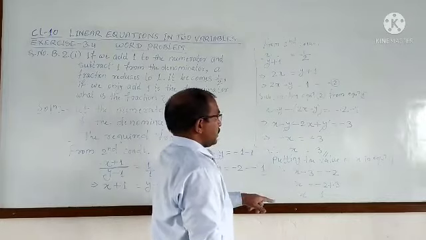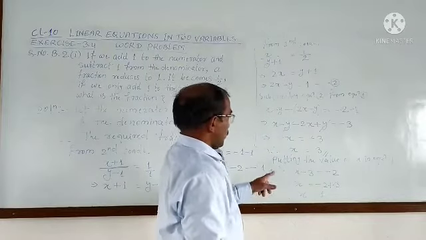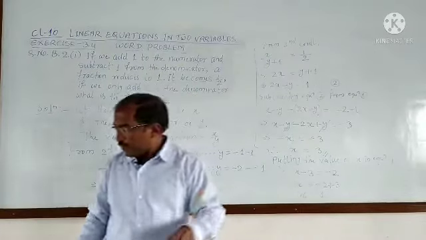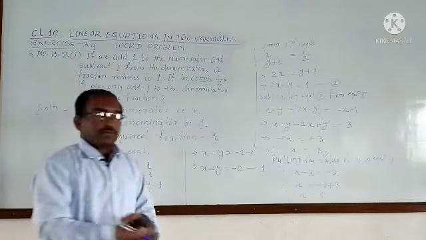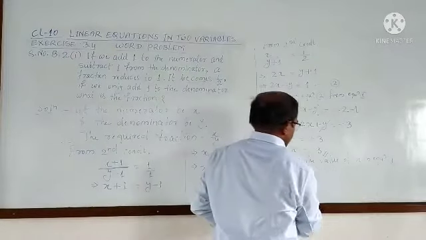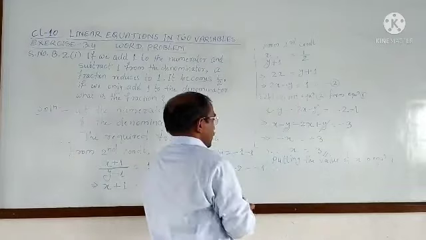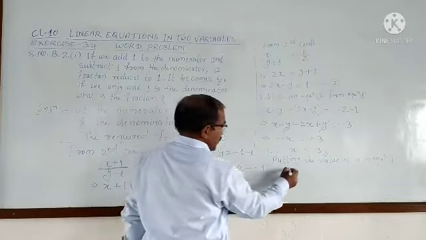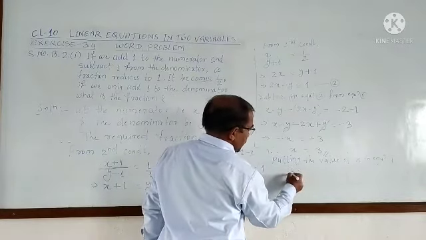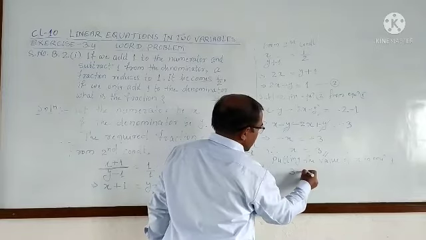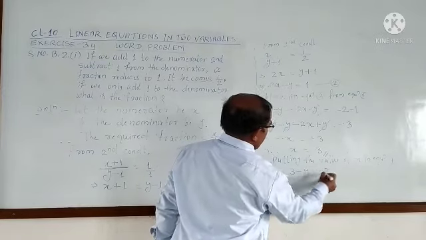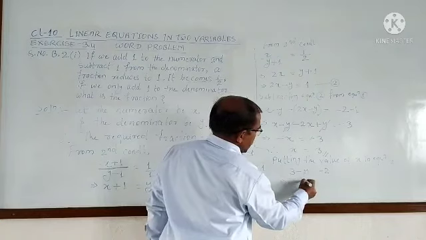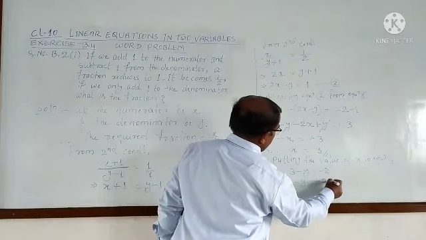So x is 1. No, the value we have to put, one minute. X we have got, so the x value we have to put is 3, minus y is equal to minus 2, and then minus y will remain in the LHS, minus 2 minus 3.